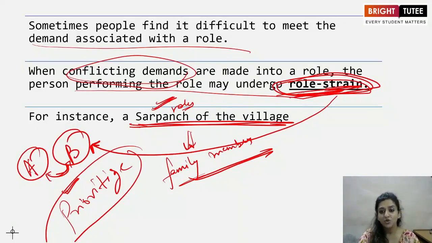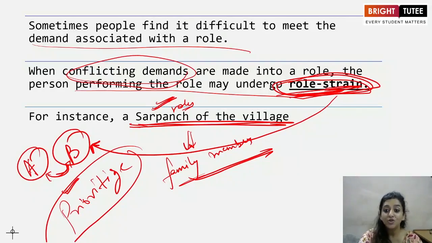Imagine you as a student going to a class wherein your friend tells you, okay, let's bunk this class, let's not attend this lecture, and you have that role strain because you are a student as well.